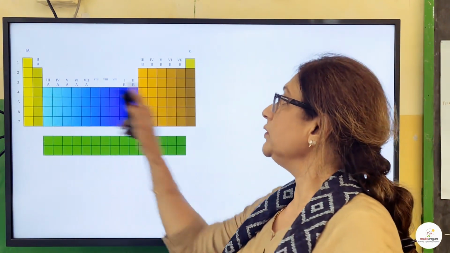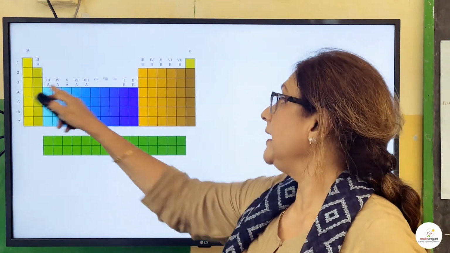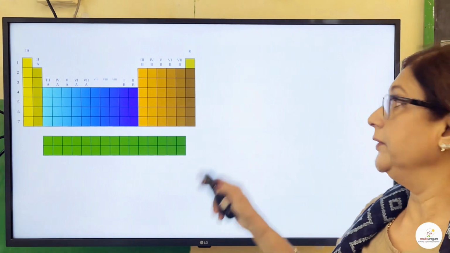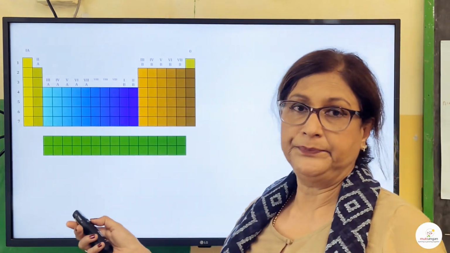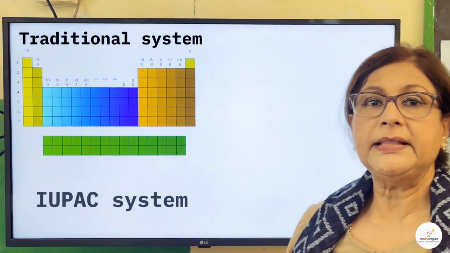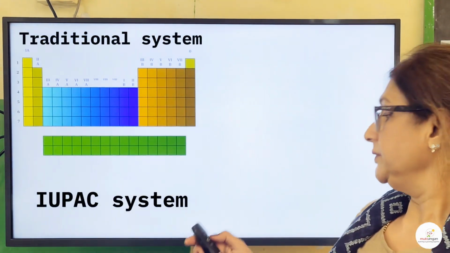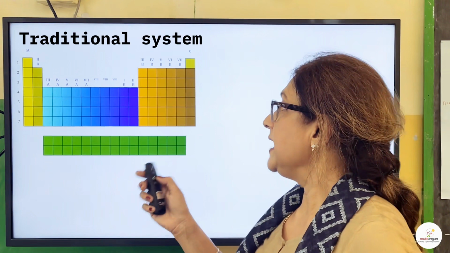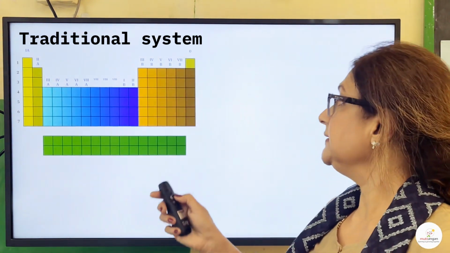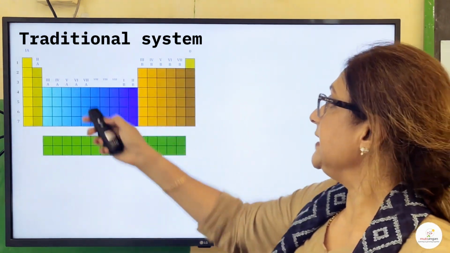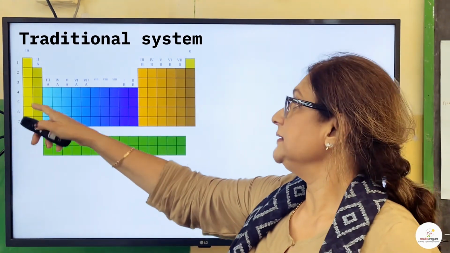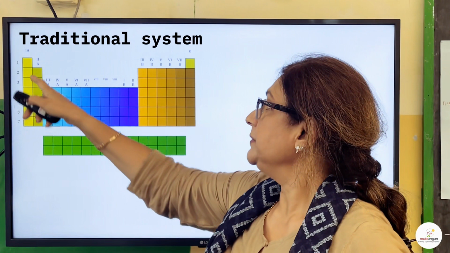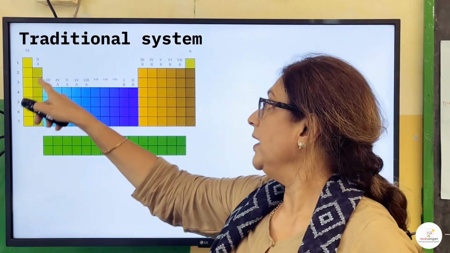Similarly, it has also been divided into groups. There are 18 columns, 18 groups. Now, there are two different numbering systems, the traditional system and the IUPAC system. So, the traditional system has used the Roman numbers as well as the letters A and B. According to the traditional system, group 1 and group 2 are 1A, 2A.